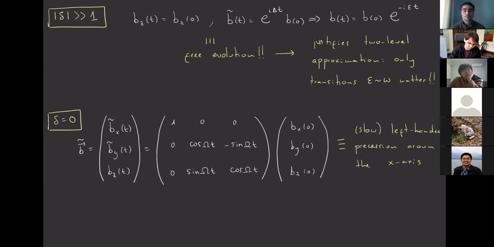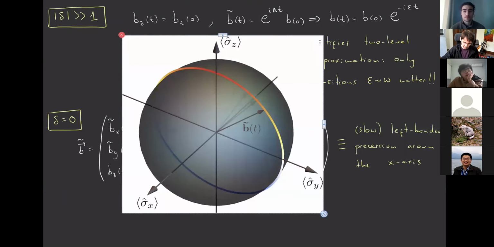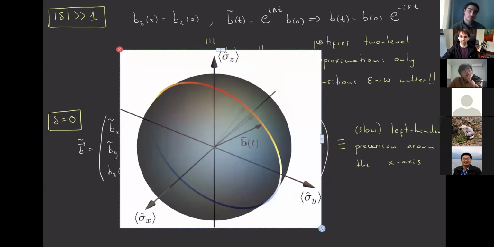So let me show you in a figure how this looks. So I think I have it here. So essentially, this is what I'm saying. So again, we have here sigma z, sigma x, sigma y. So this is Bloch space. We start, for example, here, okay? So we start in the excited state in the North Pole.